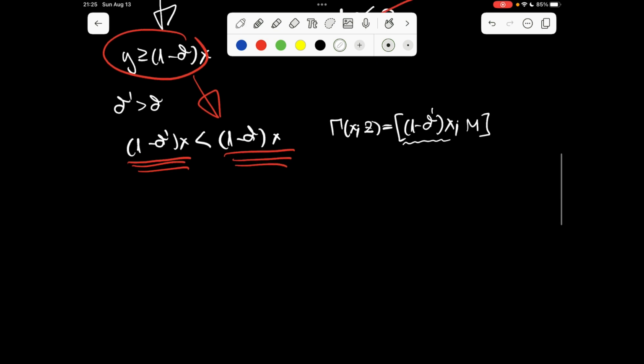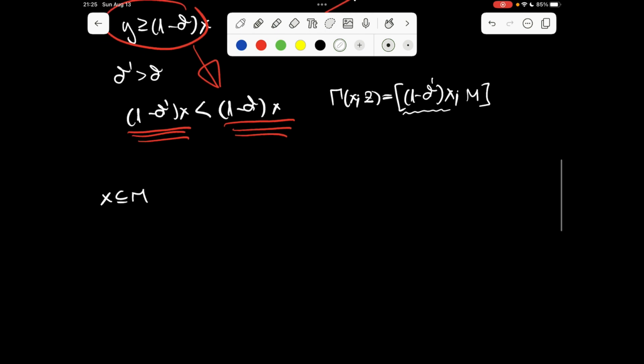Now let's have a look at the upper bound. There are two cases. In the first case, x is lower than m, and in this case, correspondence gamma is defined in this way.